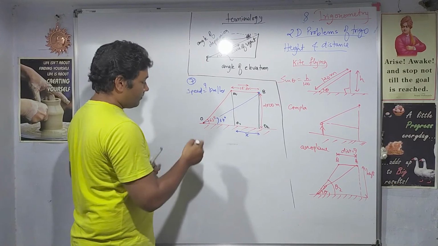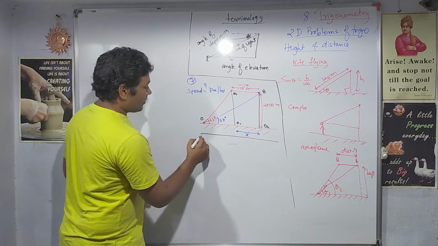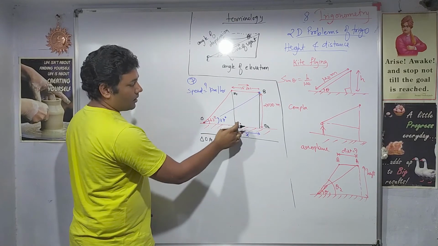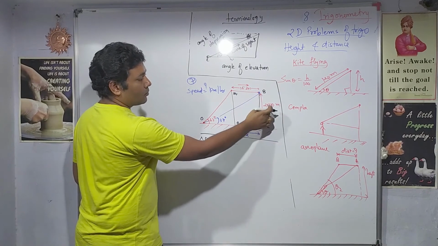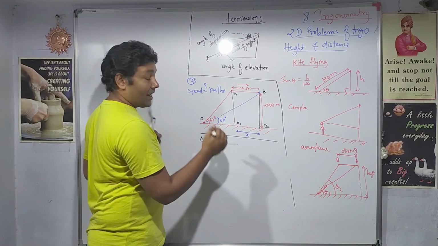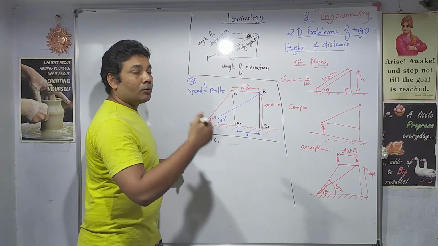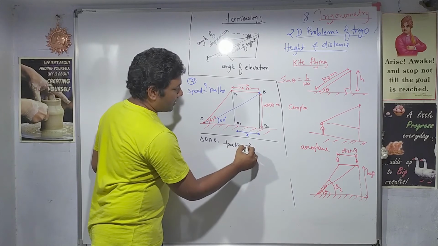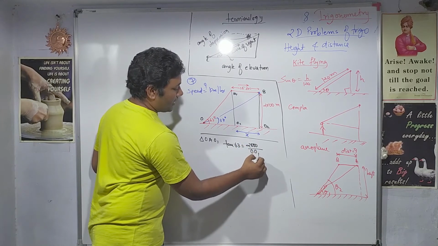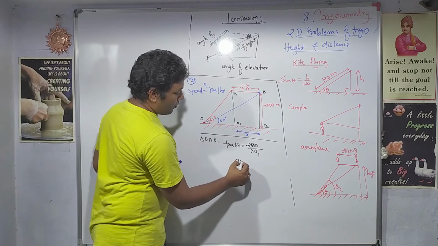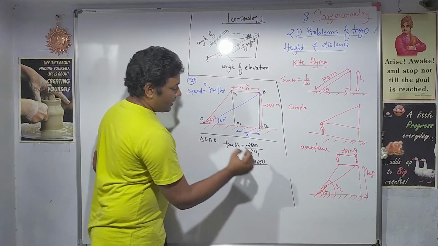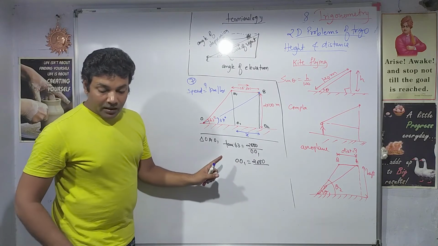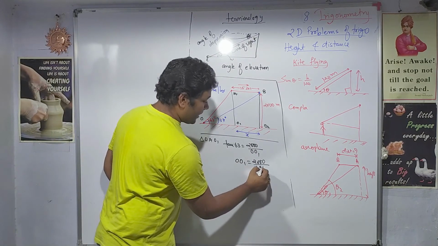So let us start. Using the triangle OAO1, perpendicular upon base, the value of perpendicular I know is 2000 meters. So I'll use tan theta. As I always say, tan theta will do most of the work. Tan theta will be perpendicular upon base. The value of OO1 will be 2000 upon tan 63. What is the value of tan 63? Its value is 1.96.